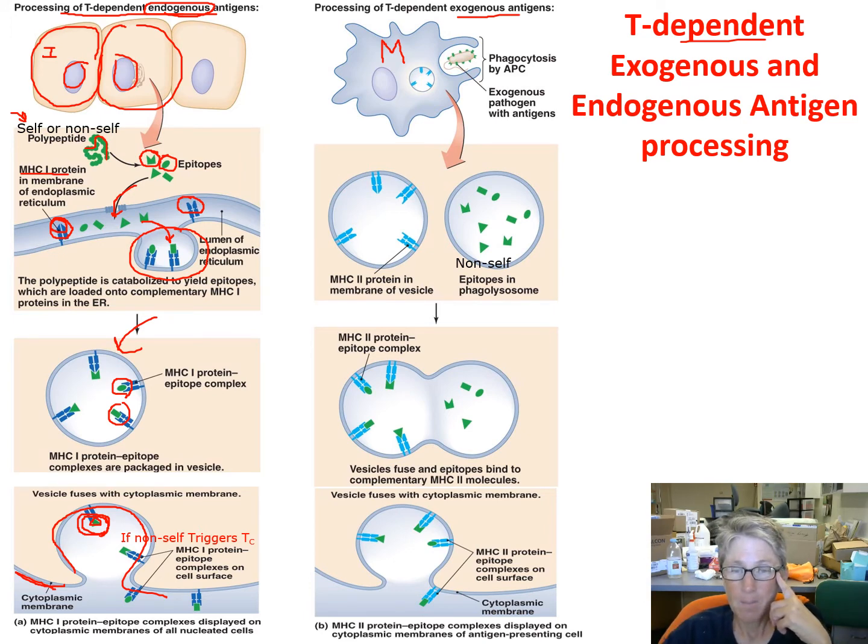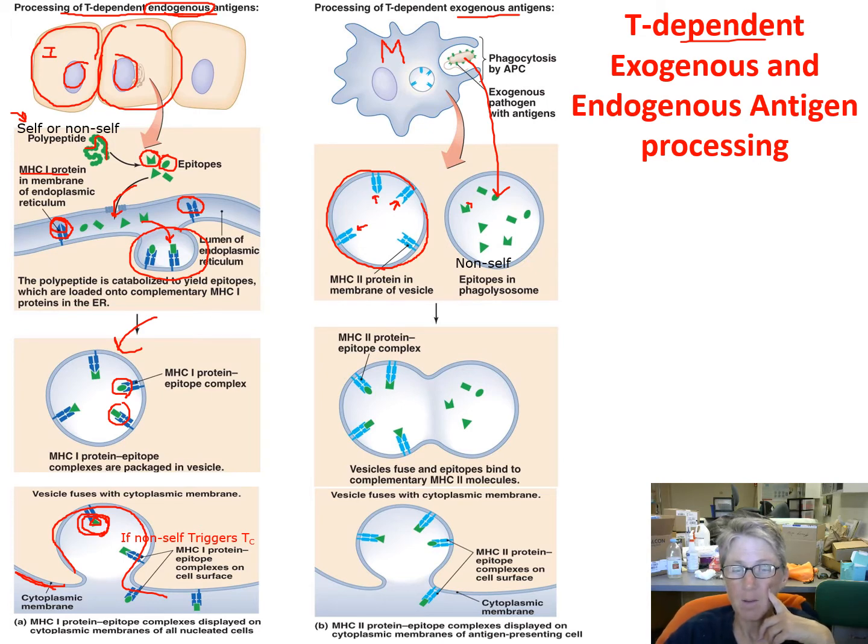So here's this guy, all cut up in a phagolysosome, and here's a vesicle that has these MHC2 proteins in it. You can see they all have different shapes, so they're all going to recognize different epitopes.